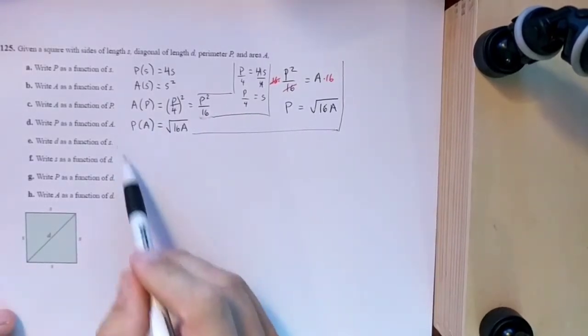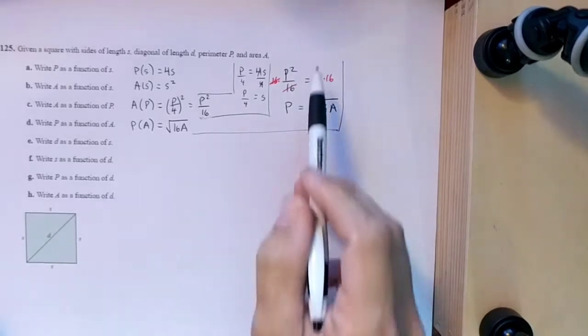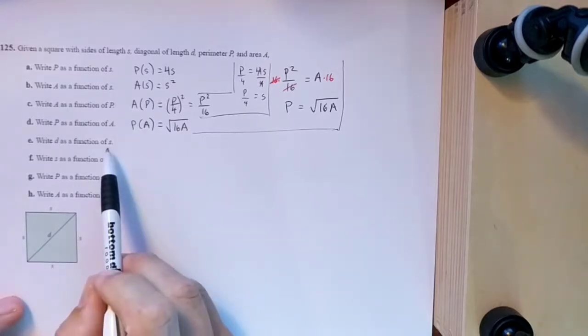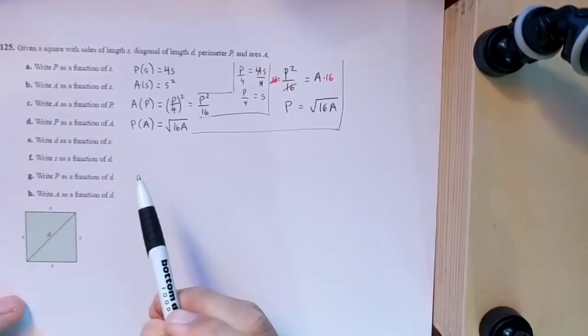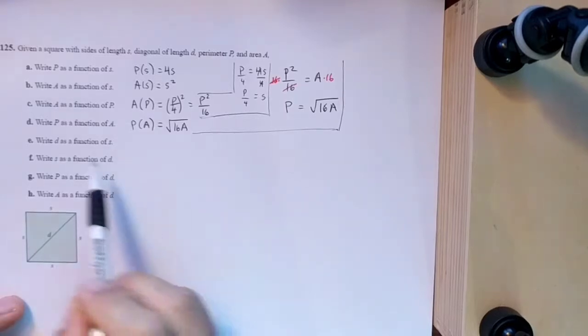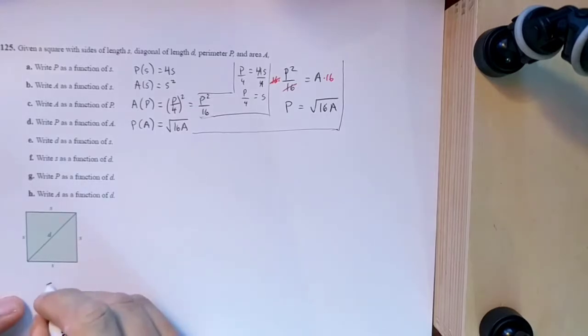All right, so they get more challenging as you go on a little bit, but this is the way to deal with those, right? You want to know what is your input, what is your output, and what do you need to do to the input to get to the output. For example, with the diagonal, you could use the Pythagorean theorem, right?